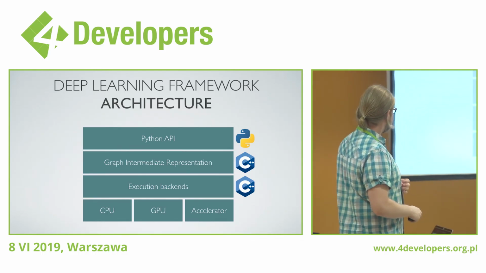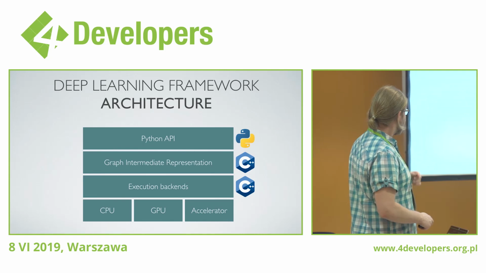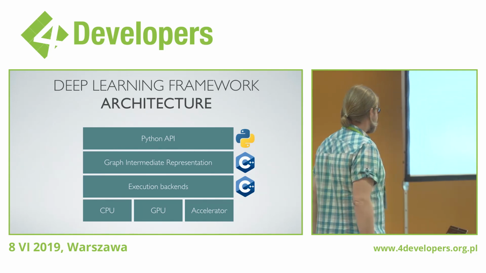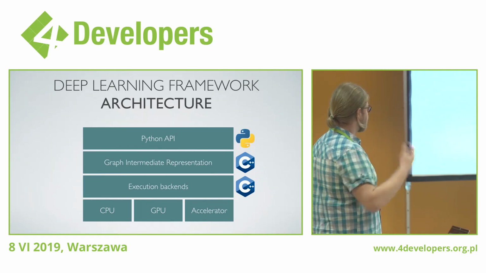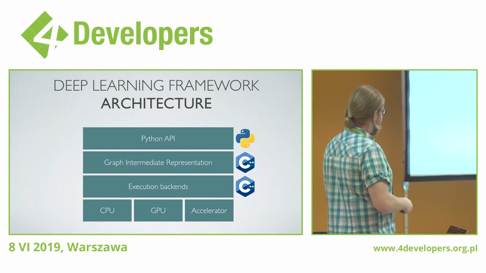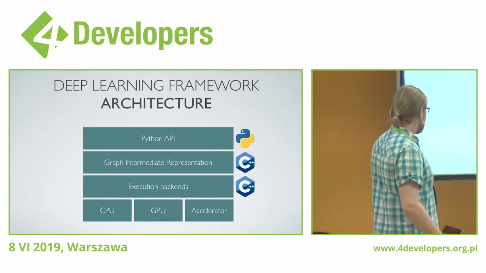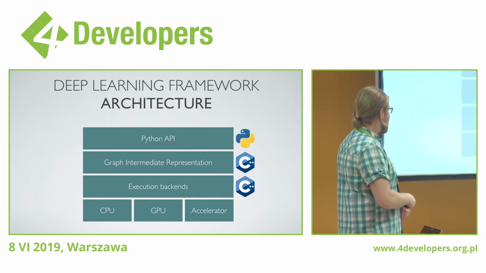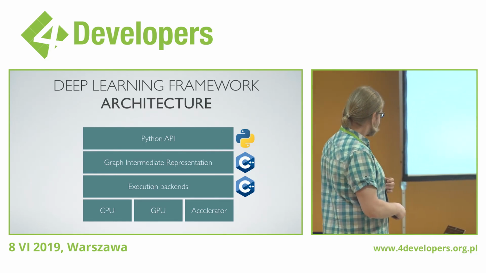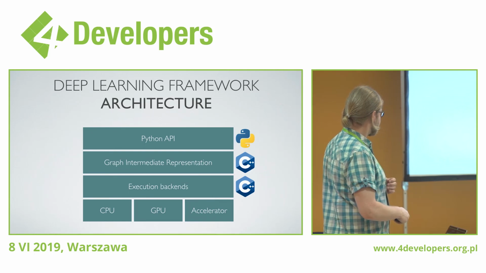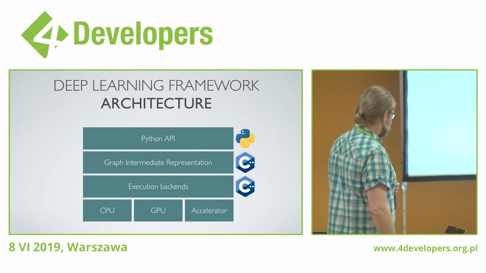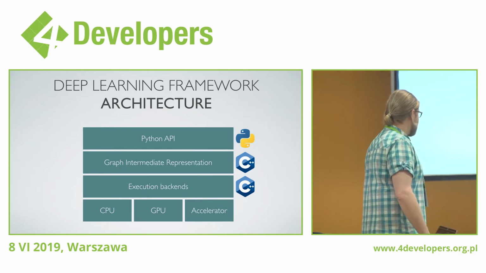And this is usually an in-memory representation in C++ objects. And then these get passed into execution backends, which are like graph compilers that are able to execute these computations on different backends, like a CPU, GPU, or maybe a specially dedicated accelerator.